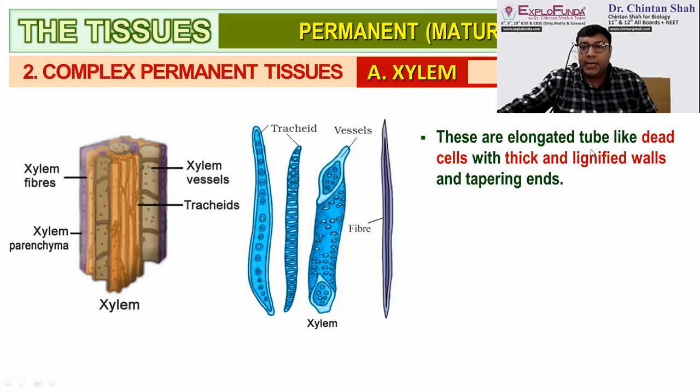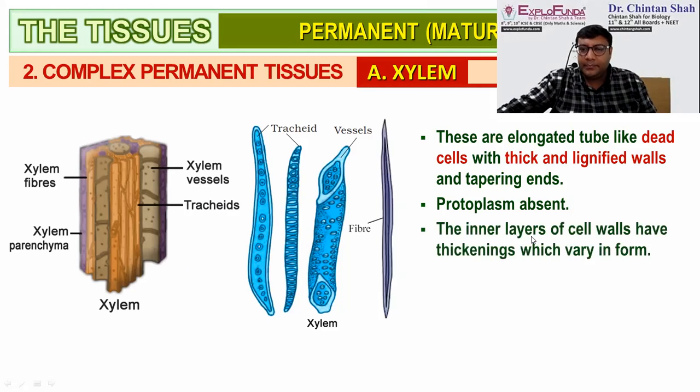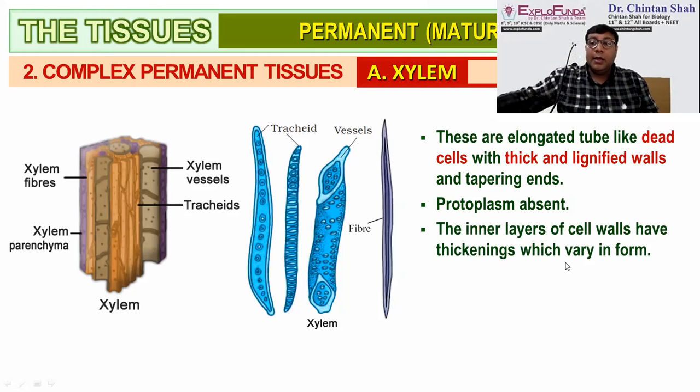The xylem tracheids are elongated. So what will tracheids be like? Tracheids have tapering ends. These are elongated tube-like dead cells with a thick lignified wall and tapering ends. Tapering ends means sharp ends. Protoplasm is absent. The inner layer of the cell wall has a thickening showing variation in different forms.